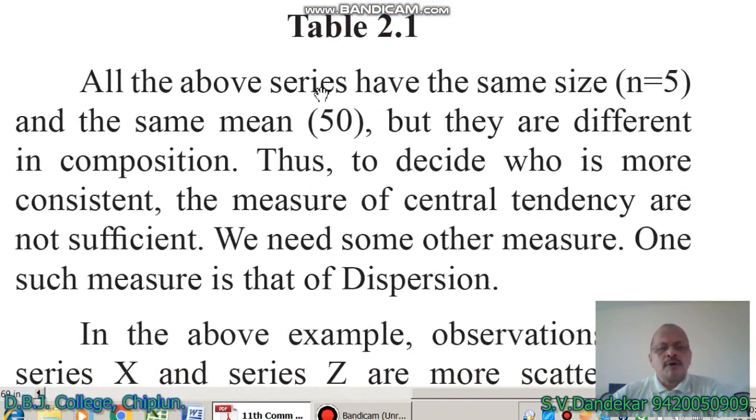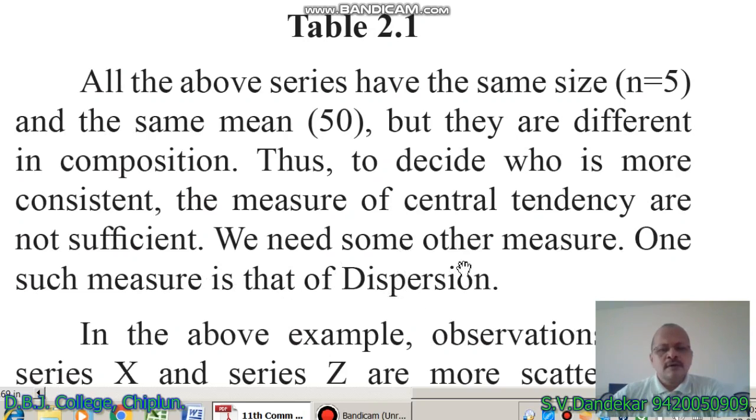All the above series have the same size, n equal to 5, and the same mean, but they are different in composition. Thus, to decide who is more consistent, a measure of central tendency, that means average, is not sufficient. We need some other measure, and such a measure is that of dispersion.